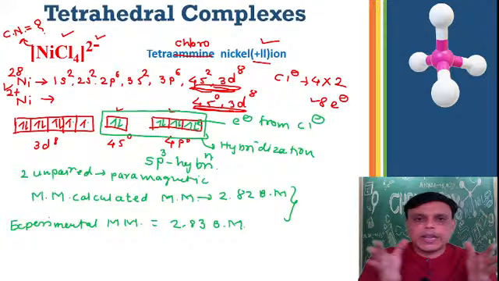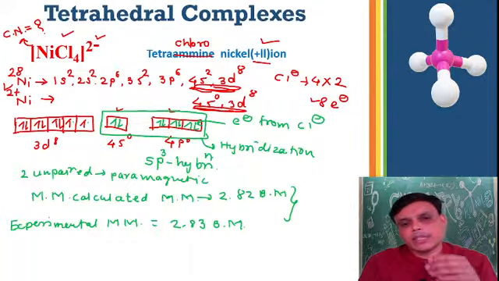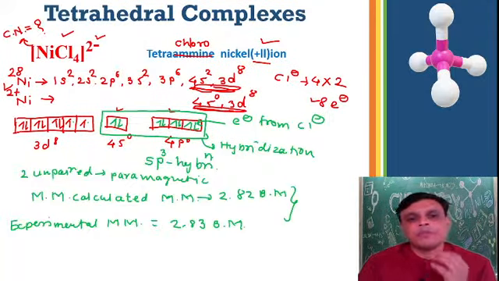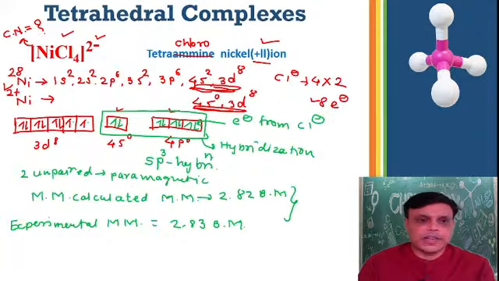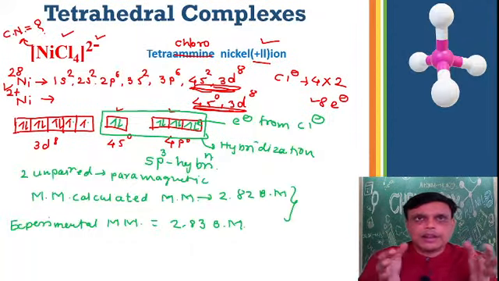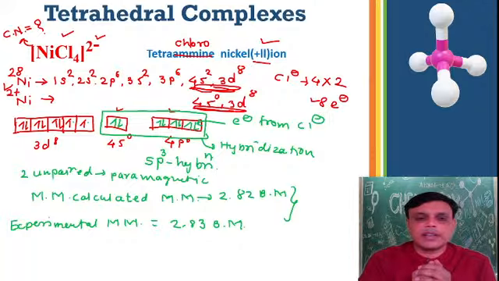Now what happens if the complex is paramagnetic? If the complex is paramagnetic, then the sample holder will get attracted toward the applied magnetic field, and that compound will show higher weight because of attraction of the paramagnetic compound in the external magnetic field. And if that compound is diamagnetic, and we have placed it in the sample holder and applied an external magnetic field, diamagnetic complexes get repelled by the magnetic field.